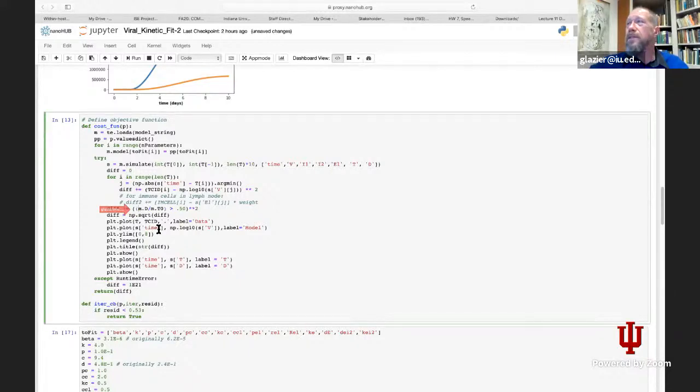Actually, hold on a second. Let me look at what you've got here. So here you're not actually looking at the, okay, not pi square root of diff. So this is a little bit of an unusual way to do this.